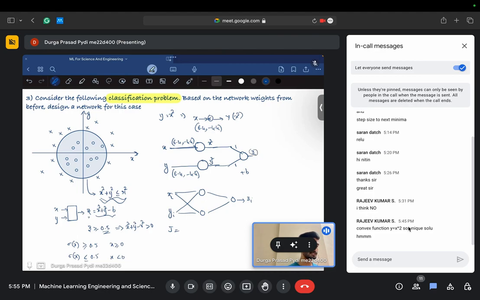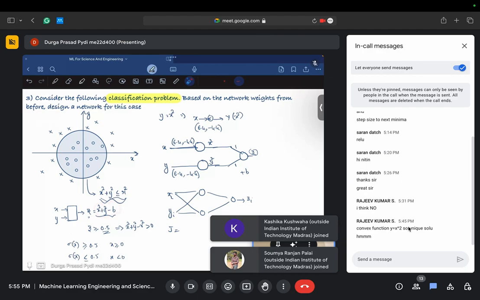Here what we want to identify is whether this particular x square plus y square minus r square is positive or negative. So if my neural network can actually get x square plus y square minus r square, then depending on whether it is positive or negative, your sigmoid will be greater than 0.5 or less than 0.5, and from there it will be able to identify whether the given input point is inside the circle or outside the circle.